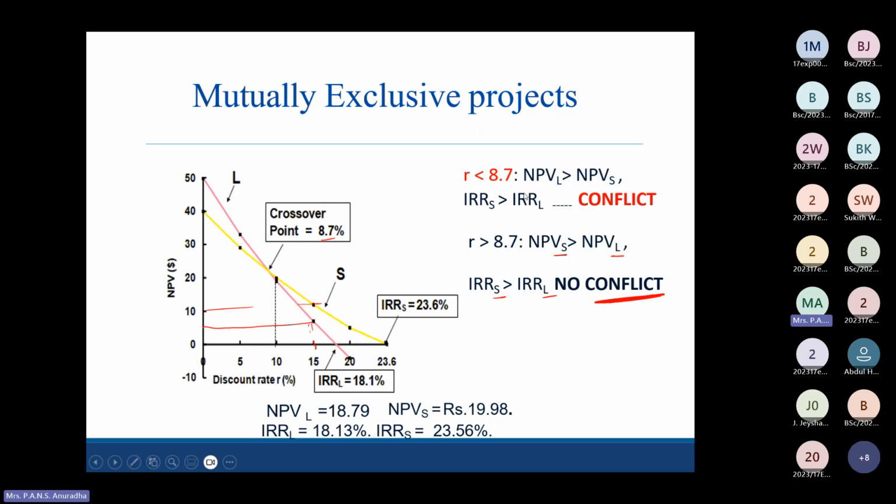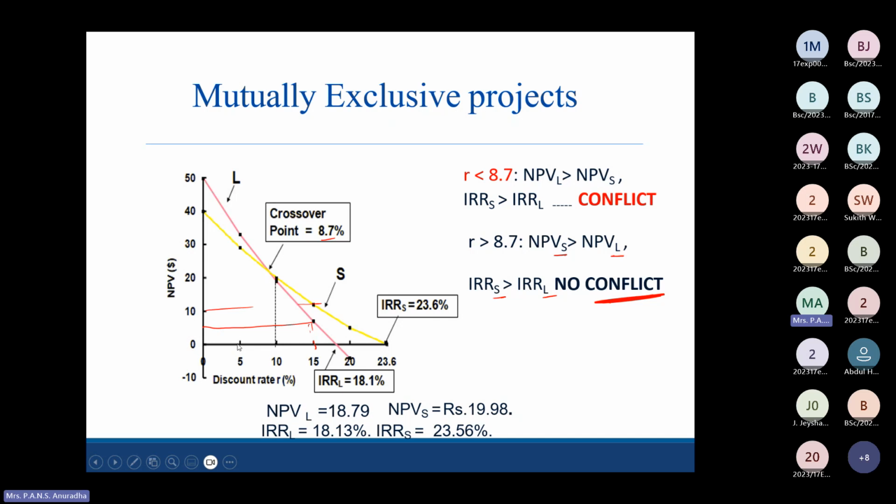When you calculate the net present value, our reinvestment assumption is the cost of capital. But when you calculate the IRR, the reinvestment assumption is the IRR. So if you look here, the cost of capital is 5%. When you calculate the NPV for project L and project S, you assume that cash flows are reinvested at 5%.